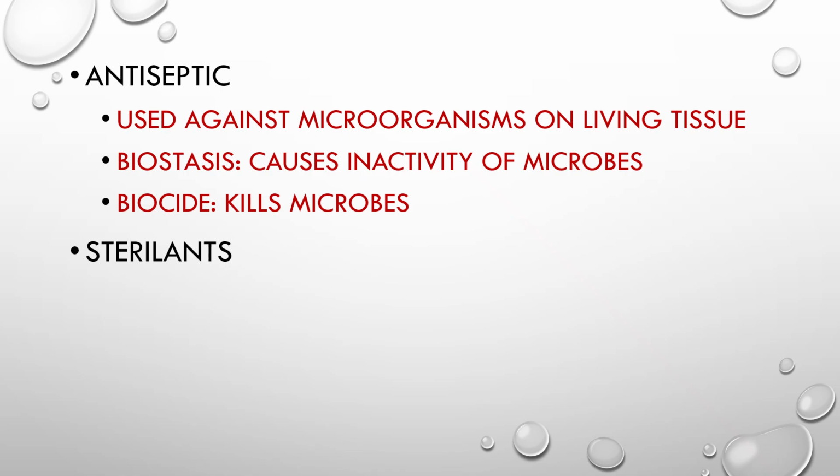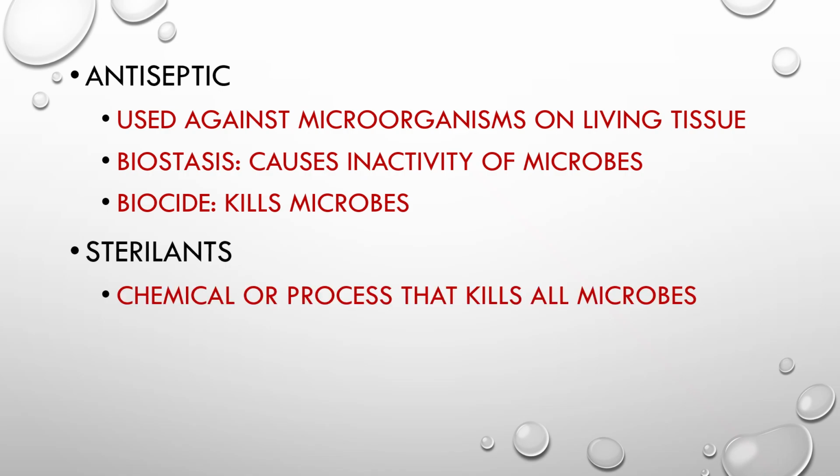Okay, speaking of killing, sterilants, these are chemicals or a process that kills all microbes, so completely eliminating things. We have different chemicals that help, but also things like autoclaves or boiling or heating that can help with that as well. Sterilants also include spores. A few of those, like Bacillus and Clostridium, can produce endospores, which are then released.